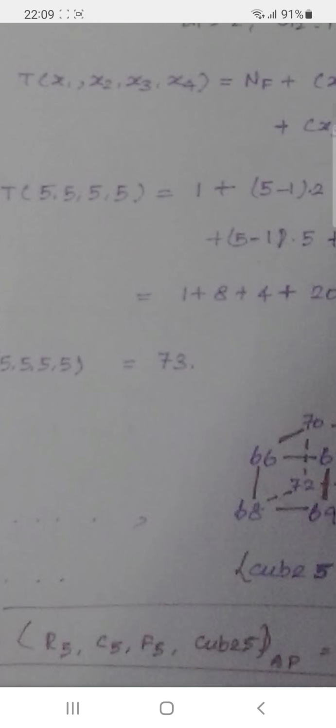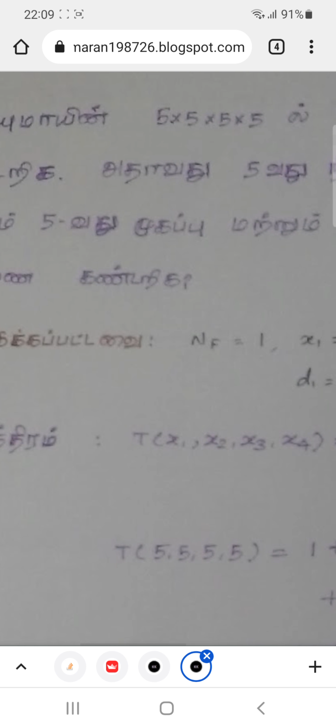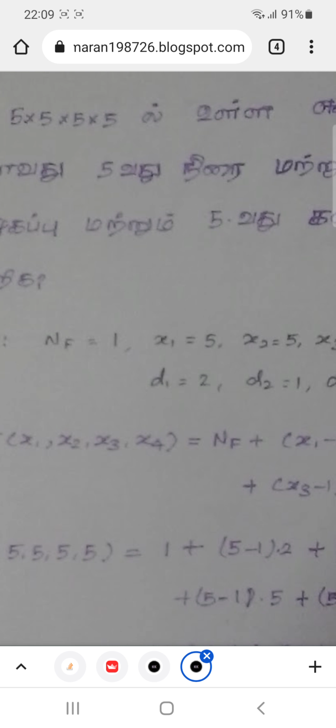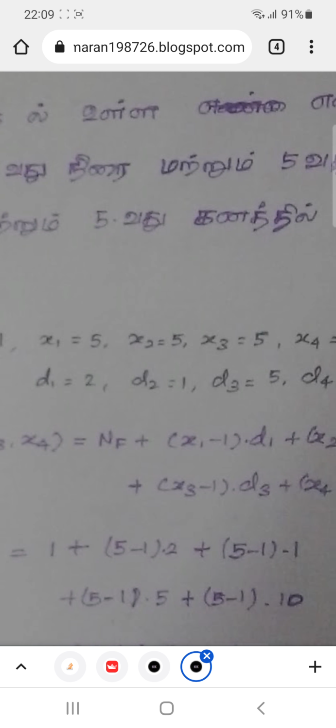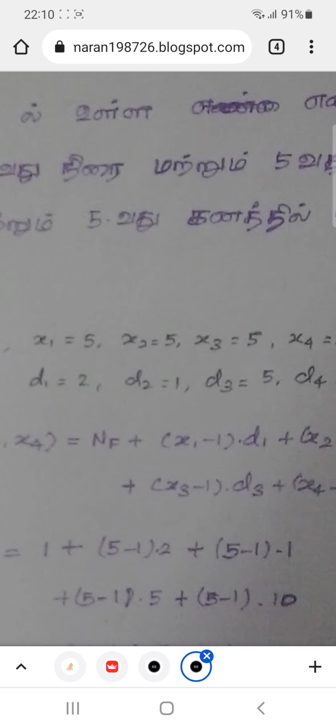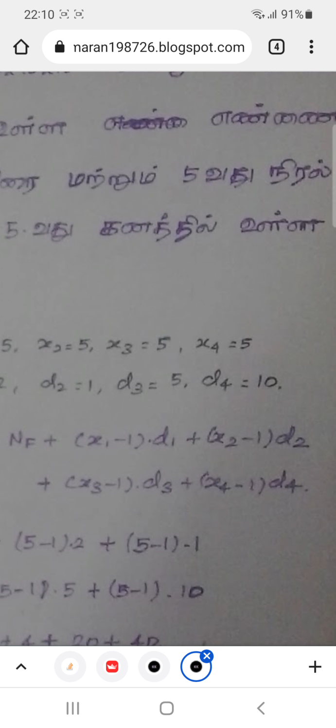That value I want to understand. So what I'm doing here, the starting number of the formula value is 1, and what I want to derive is the fifth row, fifth column, fifth phase, and fifth cube.